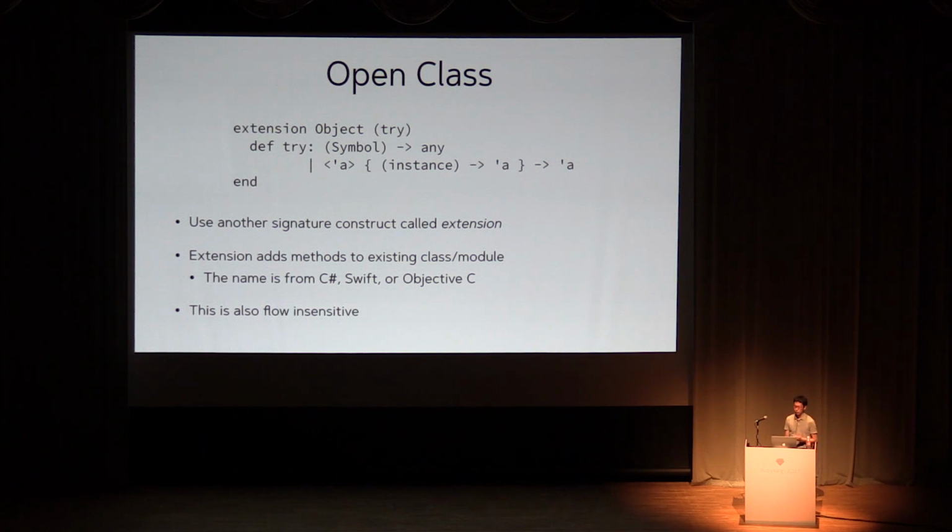It also supports some form of monkey patching. There is another signature construct called extension. When you define an extension in a signature, it is mixed into an existing class. So in this case, the Object signature will have a try method.